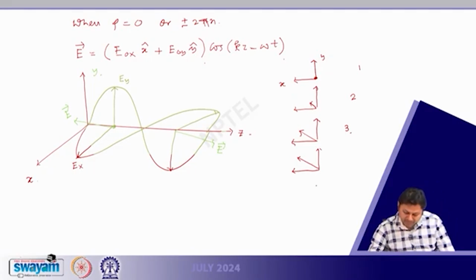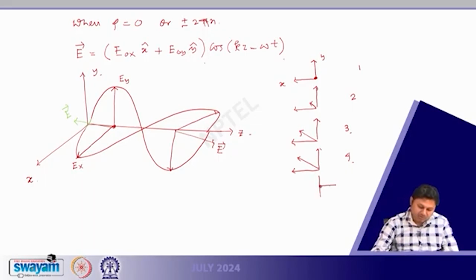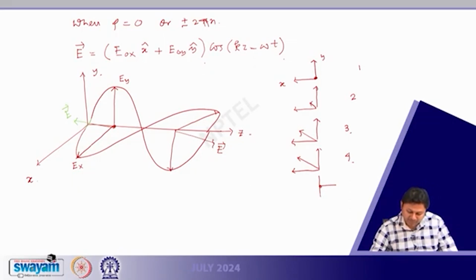So, let me go back to this. Now, this is case 4. In case 5, it will go to 0 again, it will go up and then go to 0, and then from the next half it will go in this direction and go to a maxima.